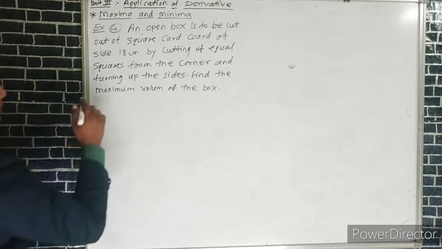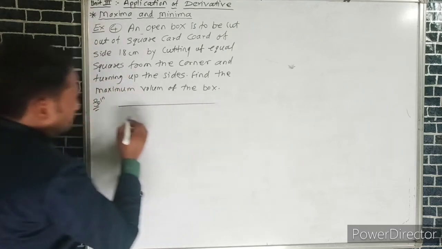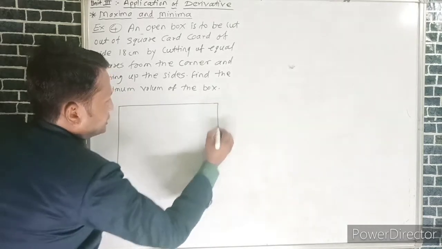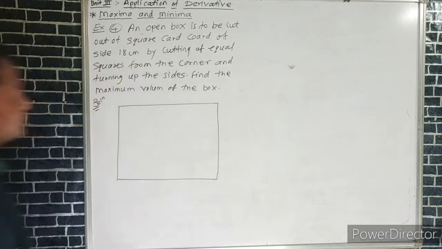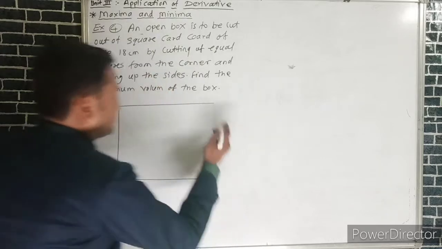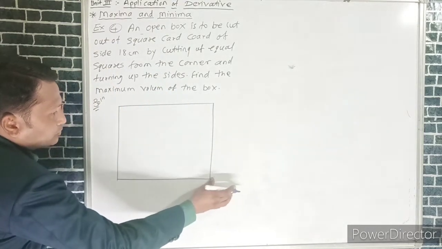So here if we draw a square, each side of this square is 18 centimeter. Let us consider that the given figure is a square cardboard.